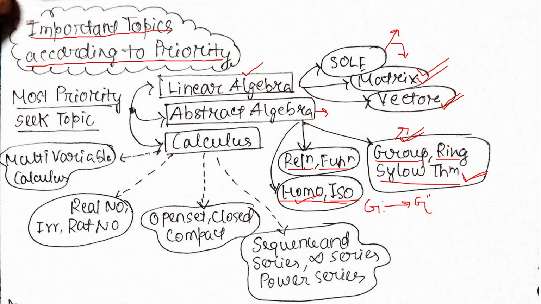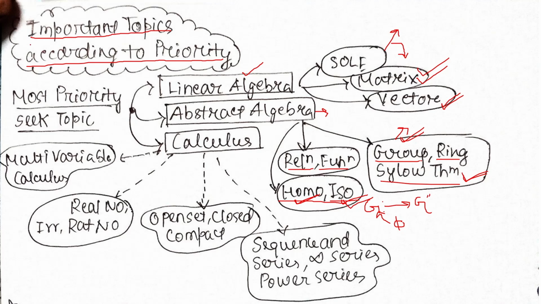So we have to check the homomorphism and isomorphism properties through which you can say that it is a homomorphism relation or an isomorphism relation. You have to check the relation phi from G to G dash. So the basic concepts of homomorphism and isomorphism are there, and you have to check all of that.